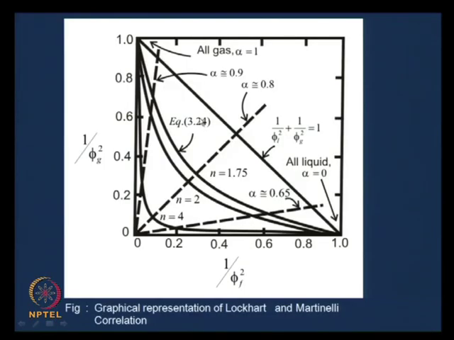After that, we found the graphical as well as the analytical correlations between phi L square and phi G square, the oldest and most widely used correlation, proposed by Lockhart and Martinelli. The graphical correlation is expressed in the graph I have shown in my transparency, between 1 by phi L square and 1 by phi G square.